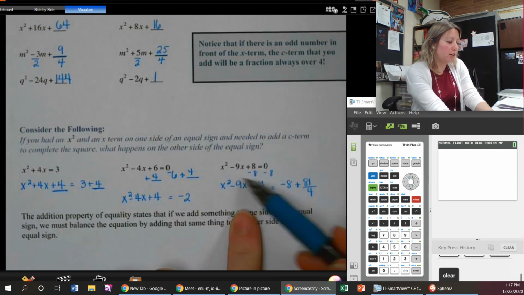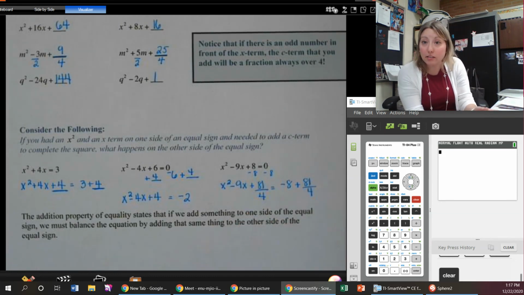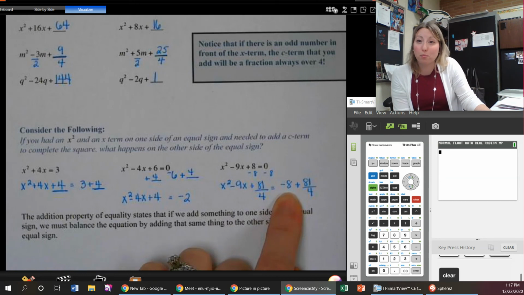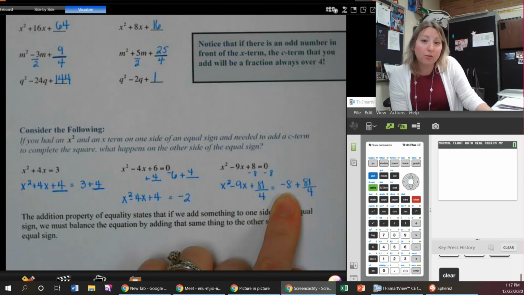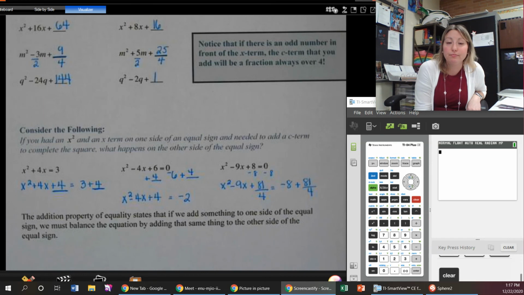Whatever you do over here to make the perfect square trinomial, you also add over here. And it's always adding, so that's one less thing you have to worry about. In this case, yeah, we'll have to change this into a fraction over 4, but gosh, it's not going to be that hard. You just multiply the top number by 4 to do it, right? I get -32 over 4. Those will add up. We'll do that in the next lesson, though.